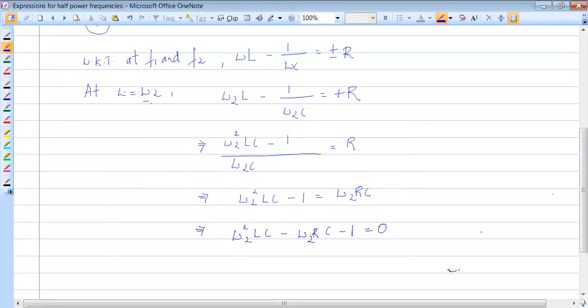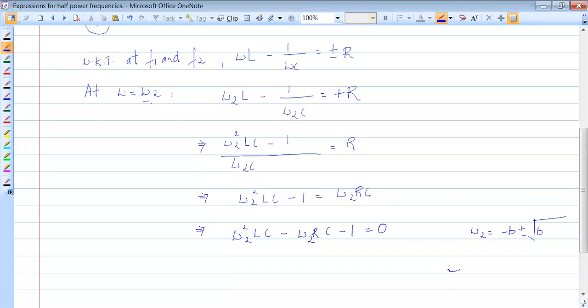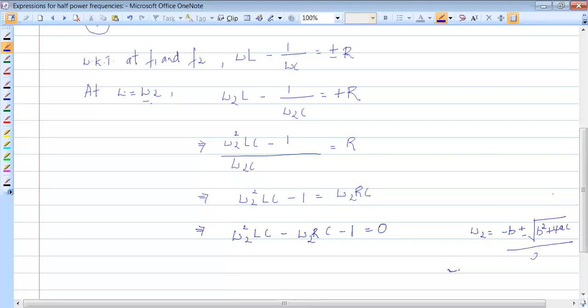Omega can be given as minus b plus or minus square root of b squared plus 4ac, divided by 2a. Using this equation you have to find the expression for omega 2. That would be the derivation of omega 2.